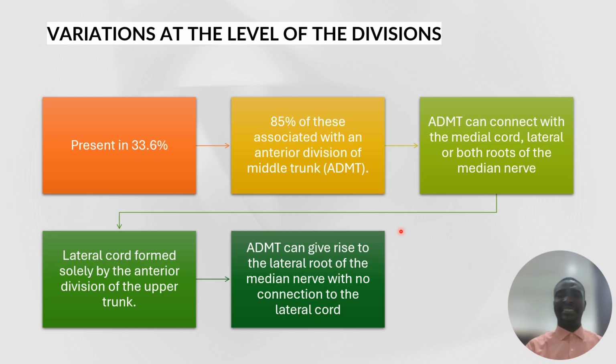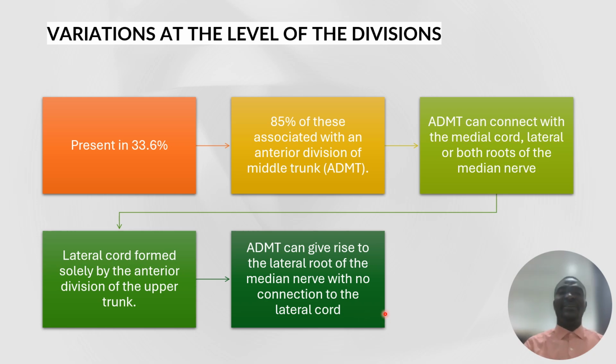What normally happens is that the anterior division of the medial trunk is usually associated with a lot of variations. In fact, a majority, about 85% of variations, usually show this. Sometimes you see them connect with the medial cord or the lateral cord. Sometimes they even connect to both of them at the same time. And sometimes the lateral cord itself is formed by it.